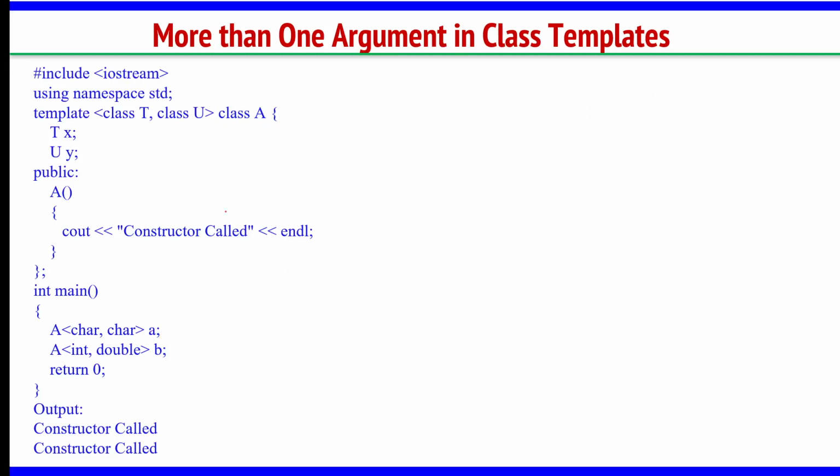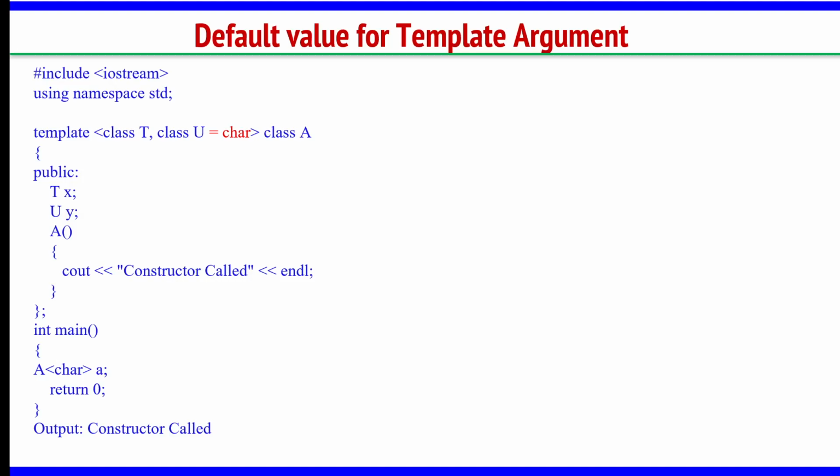You have to specify them very clearly when you are defining the template, and in the whole class definition you have to use those template names T, U, or T1, T2, whatever names we are giving. So, this is about class templates and how to give multiple arguments for a class.